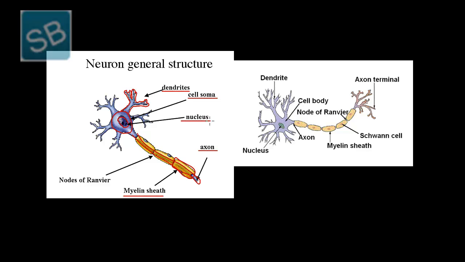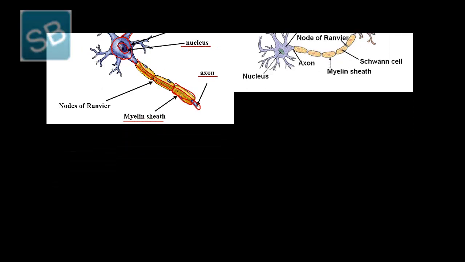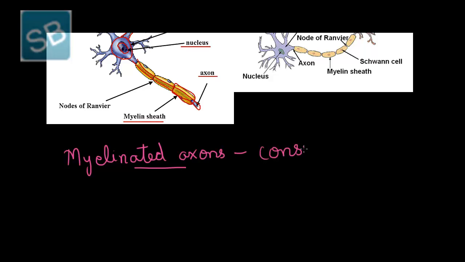This figure depicts the structure of a neuron. As can be seen from the figure, axons basically consist of two types: first is myelinated and second is non-myelinated. As can be seen from the figure, myelinated axons consist of a myelin sheath which has two layers.